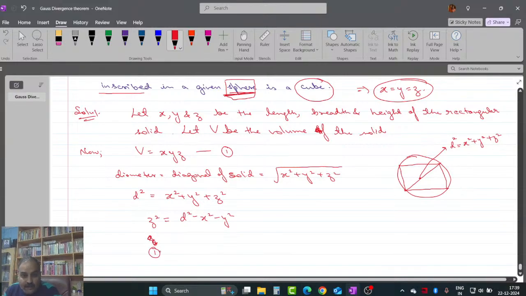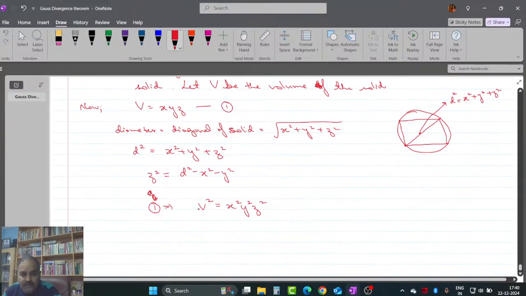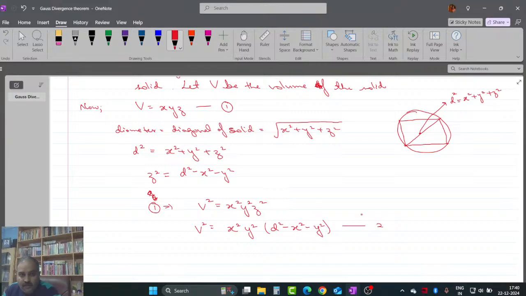So equation 1 can also be written as v square is equal to x square y square z square. Now I'm substituting the value of z square over here. So v square is equal to x square y square into d square minus x square minus y square. This will be equation number 2, and this is your equation number 3.